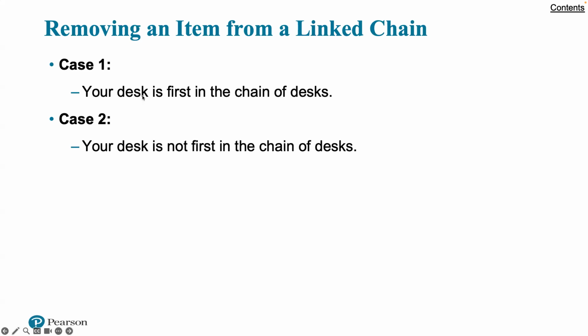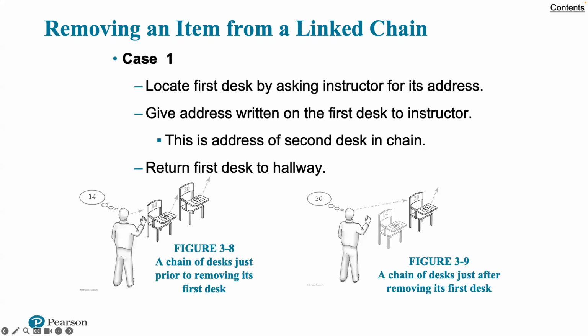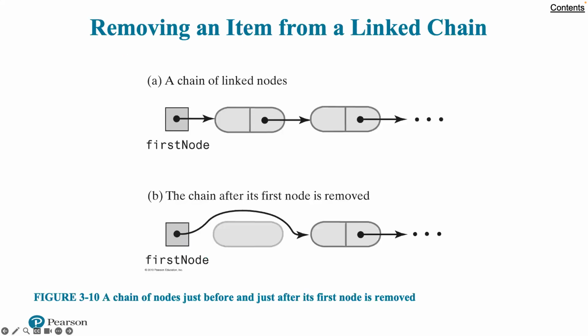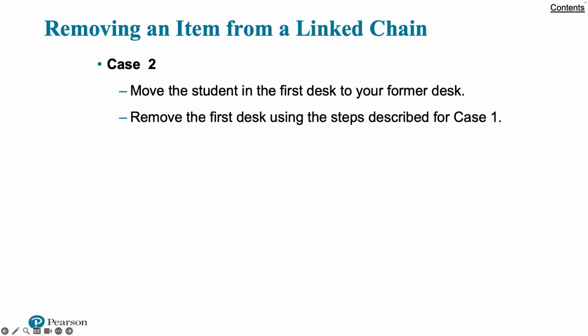You can have a simple case, so you're the first person, the first chair in the room, if you're using that analogy, and then every other case, when you're not. So we're parsing out the code in terms of doing the implementation based on that information.